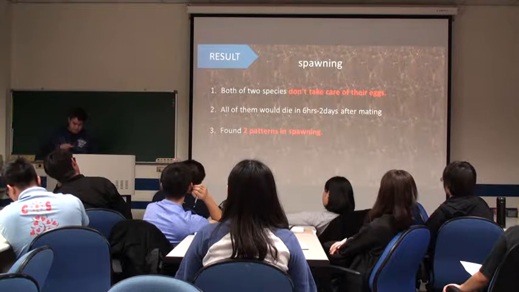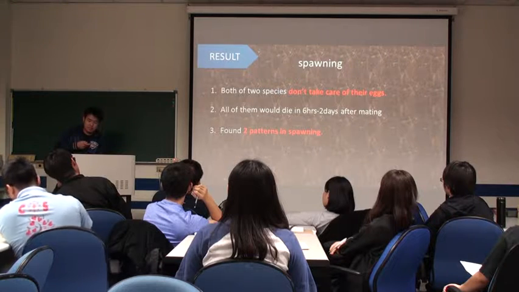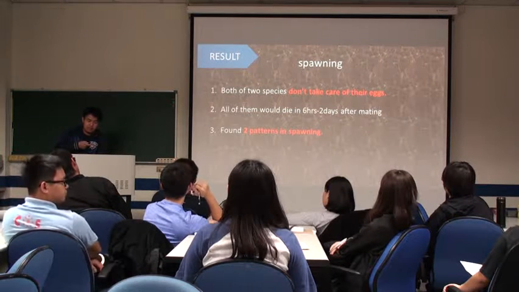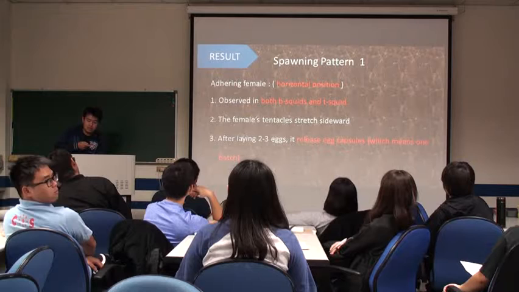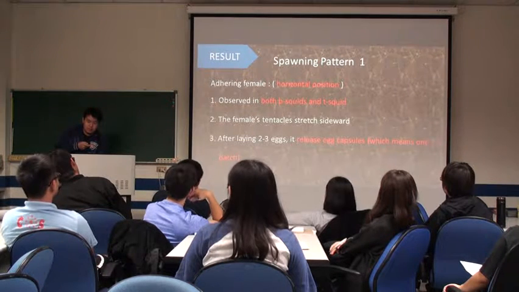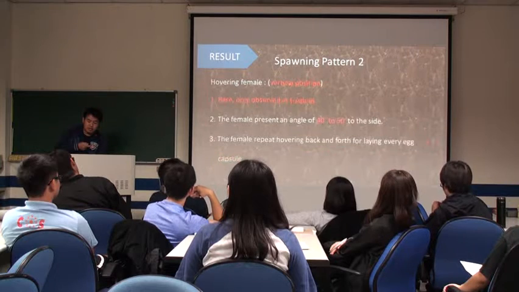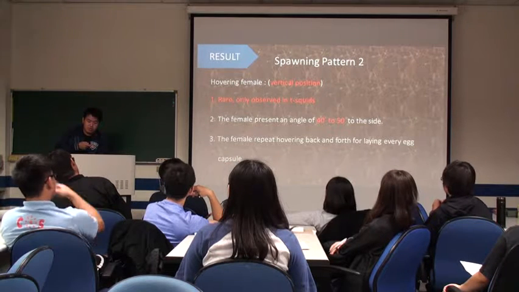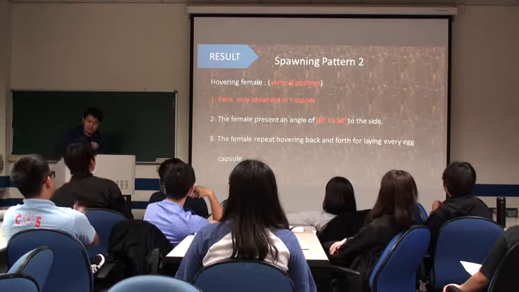Now it is spawning. Both species don't take care of their eggs, and we can find two patterns in spawning. Pattern 1 only happens in horizontal position, in both B squid and T squid. Pattern 2 only occurs in T squid, and it's very rare.